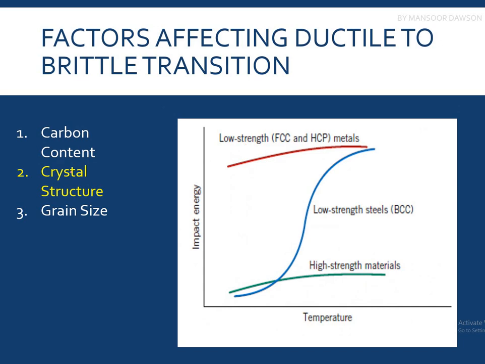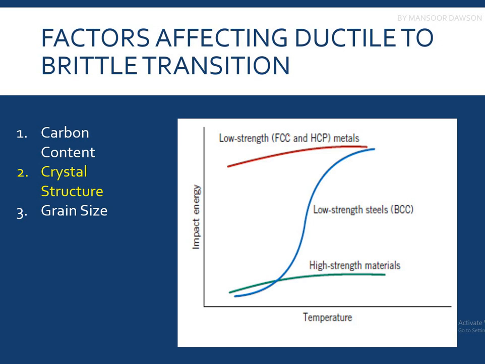The other is crystal structure. This crystal structure we'll be discussing in later lectures. If we have an FCC or HCP, a face-centered cubic or a hexagonal close-packed structure of any metal, there would not be any transition from ductile to brittle, because of their crystal lattice arrangements.